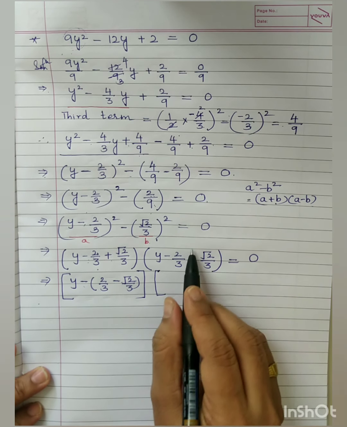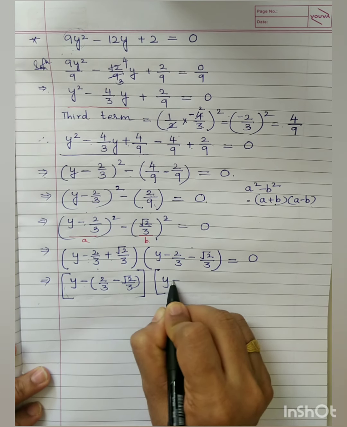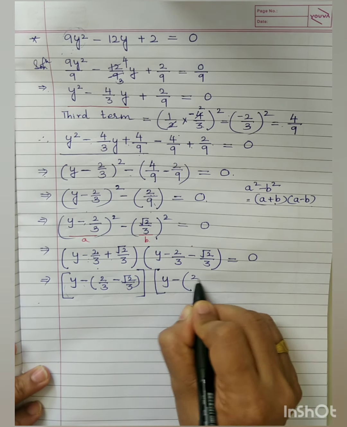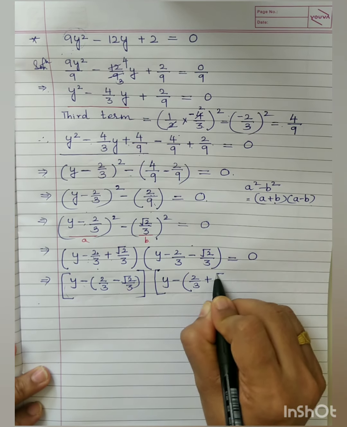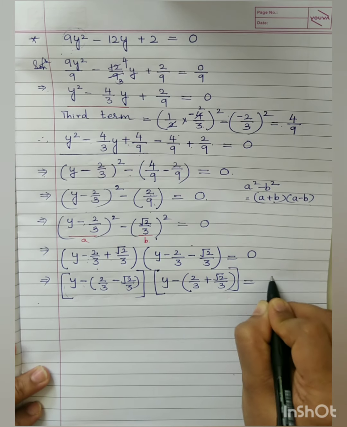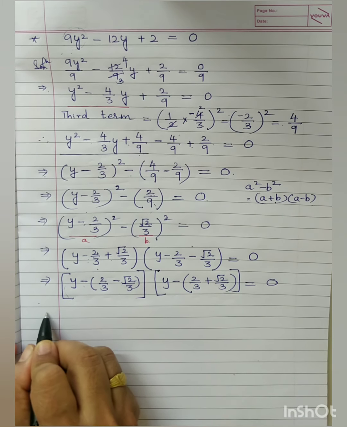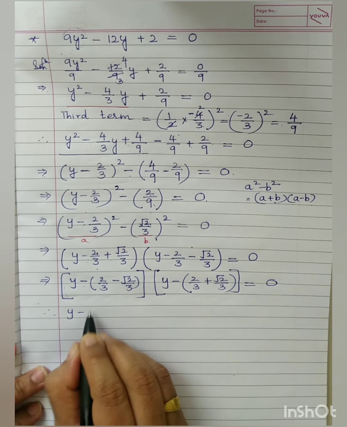Next, before applying the zero product rule, I am simplifying this. y, take minus sign common. What is left here is 2 upon 3. Minus is common, so it becomes plus root 2 upon 3, bracket close, entire bracket close is equal to 0. Now put y minus, this you can simplify also.